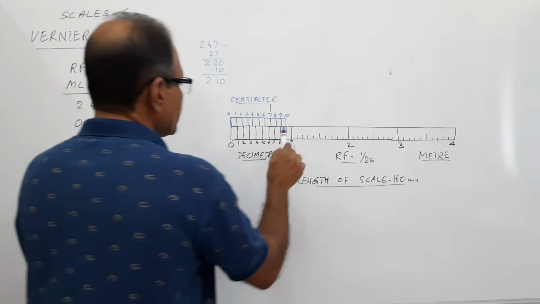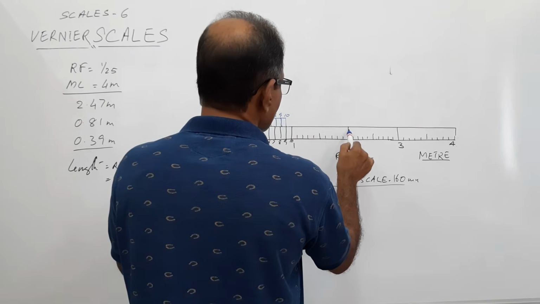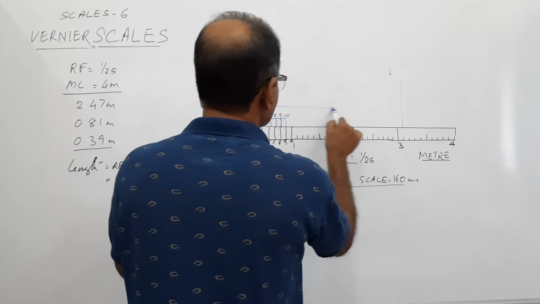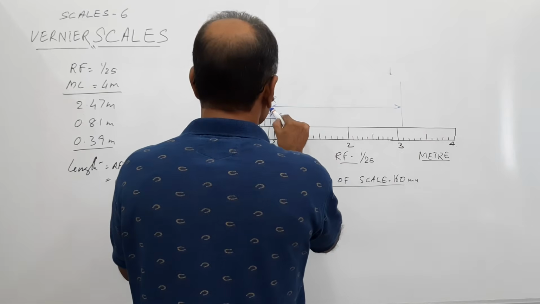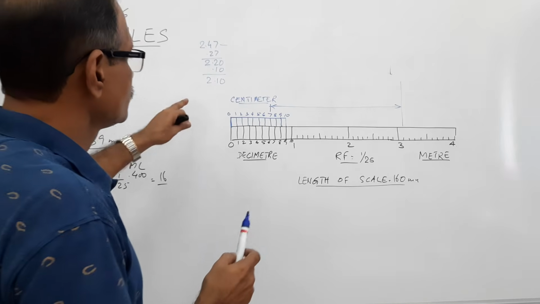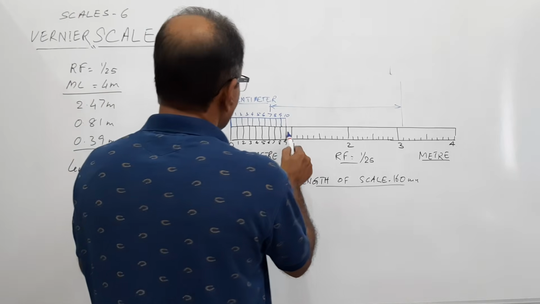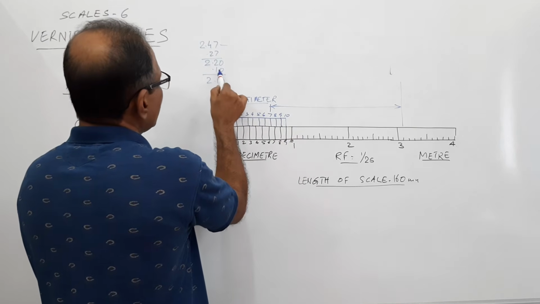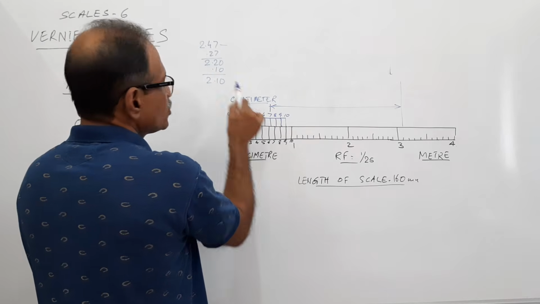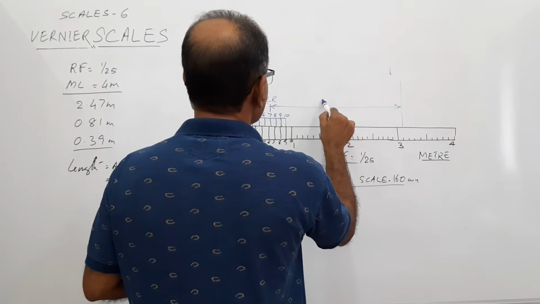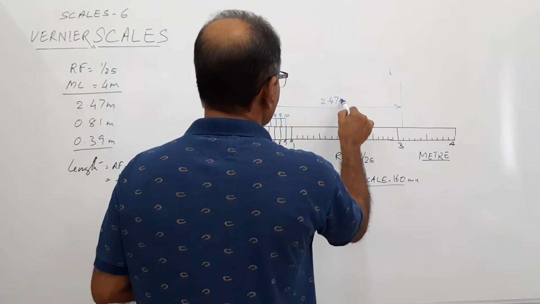Where is 2.1? 1, 2, 2.1. This is 2.47 meters.